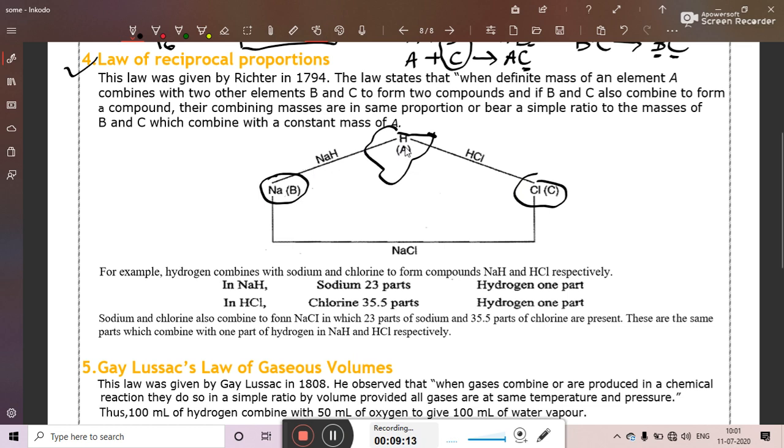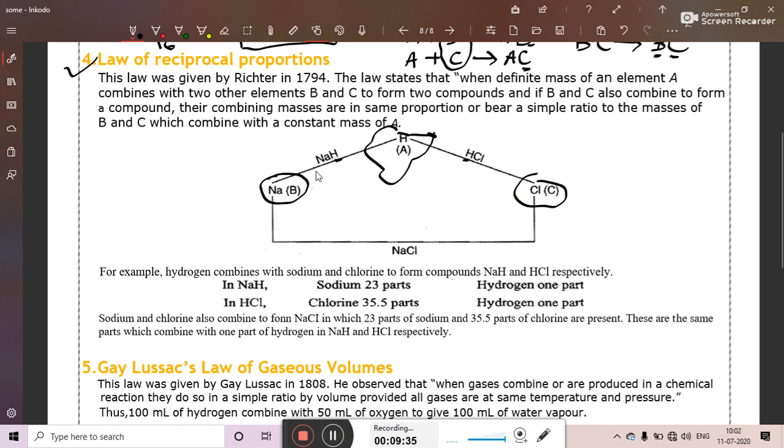Similarly, element A, hydrogen, can combine with element C, chlorine, to form HCl. So here we will see that the number of hydrogen atoms is the same in NaH and HCl. So here we will see that the mass of A is fixed or constant.